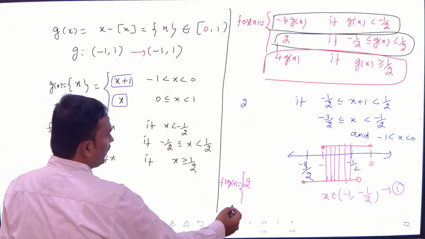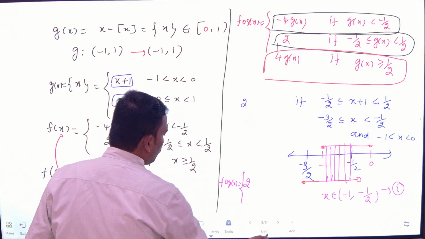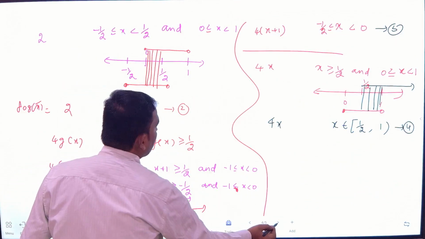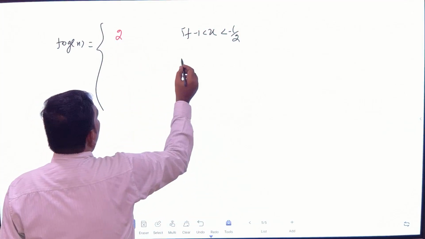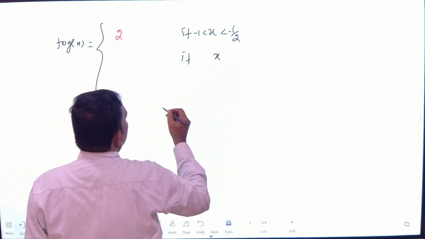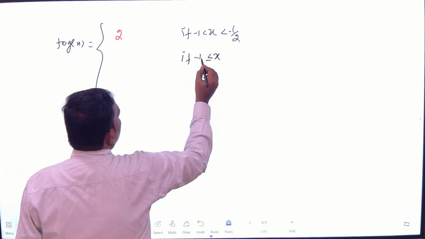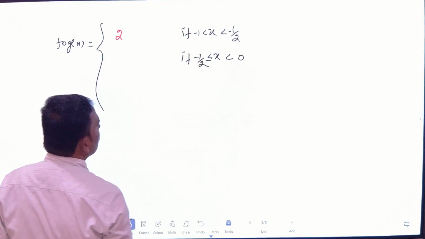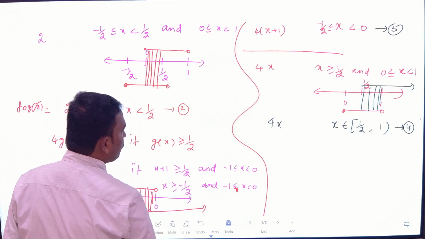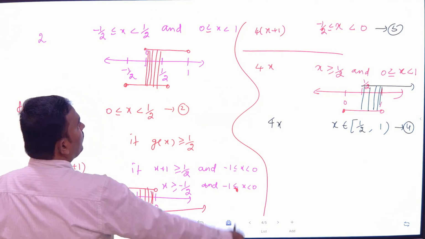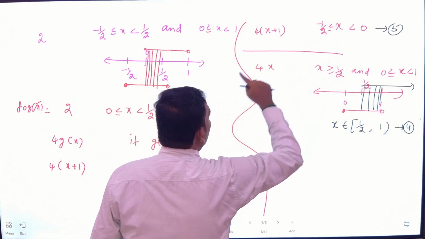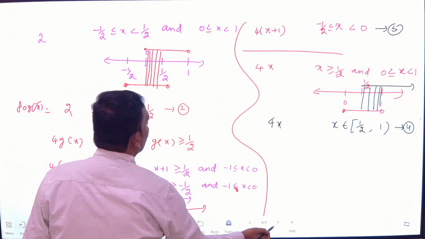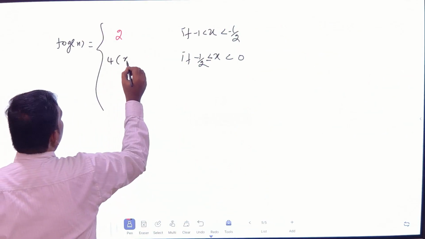First one, minus 1 to minus 1 by 2, it is 2. Yes, you can replace here. This is 2. When x is minus 1 by 2 to 0, which function? Yes, minus 1 by 2 to 0 is 4 into x plus 1.